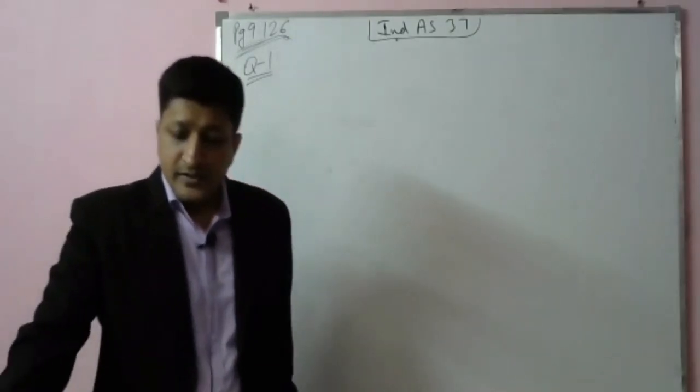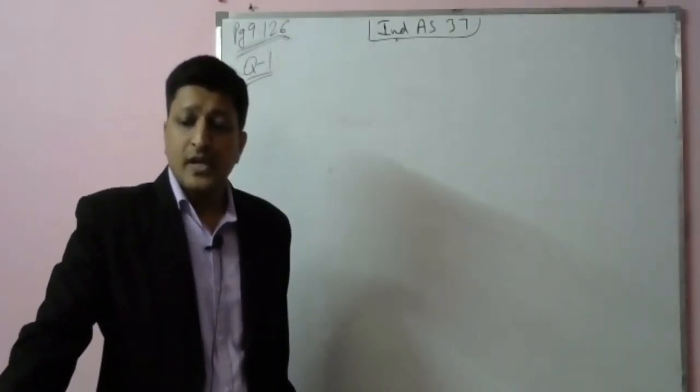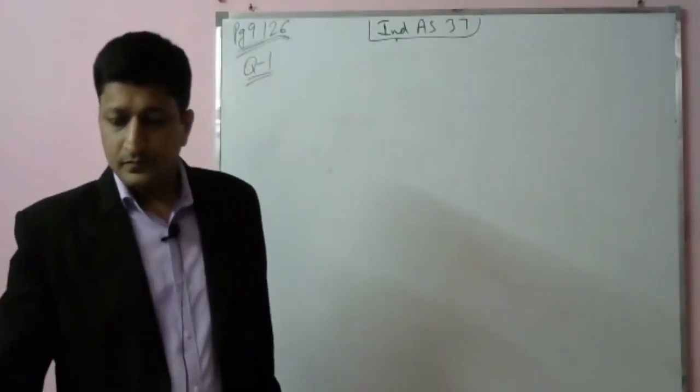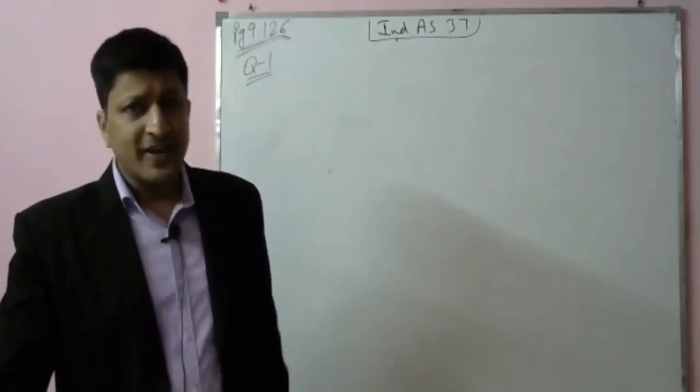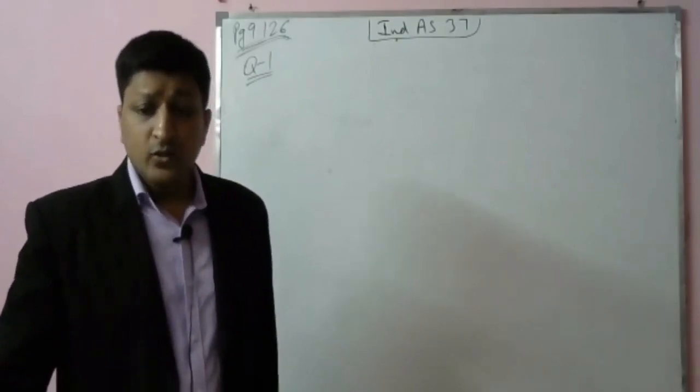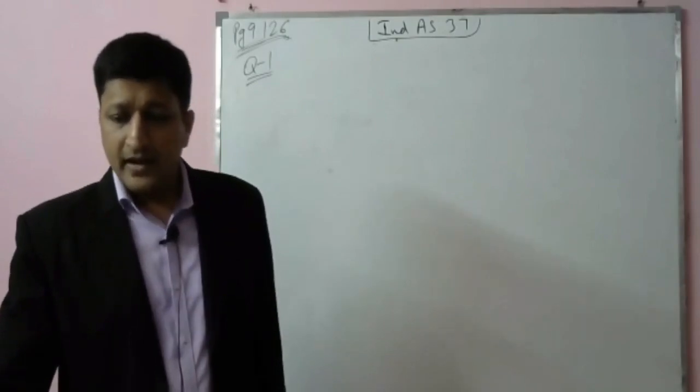Kanika is saying it's 50-50, so it should be a contingent liability. What about others? Quickly. I'm hoping you have understood the facts. Facts are easy to understand. You need to assess.